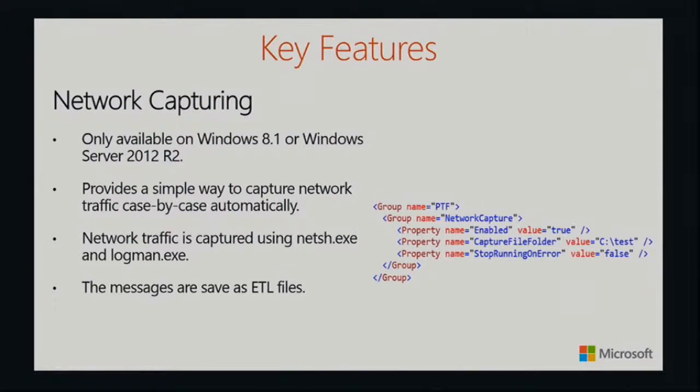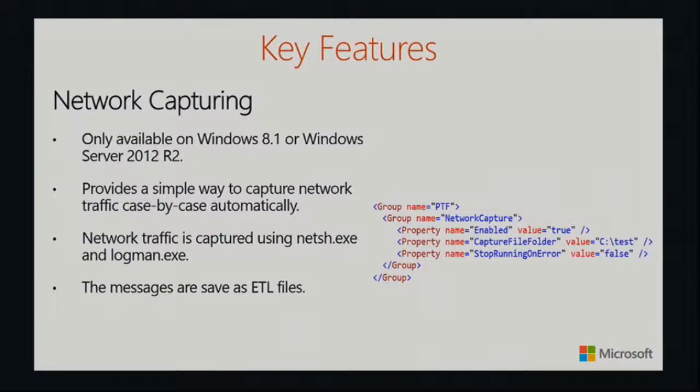For this PTF, we have a new feature called network capturing. It's only available on Windows 8.1 or Server 2012 R2. It provides a way to capture the network traffic automatically, and you can configure this in the PTF config file. The group name is NetworkCapture. We have three properties: Enabled, CaptureFileFolder, and StopRunningOnError.